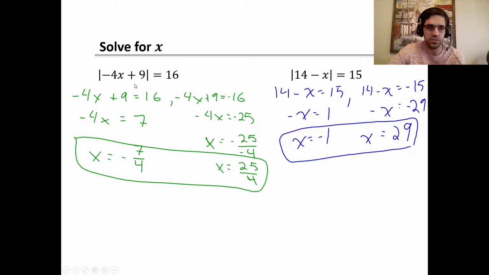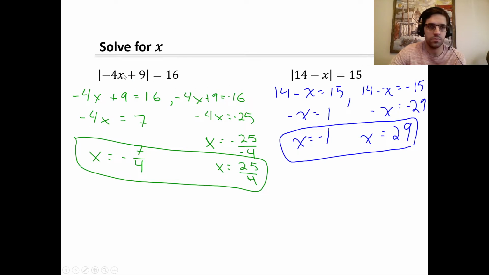So that's that. When we're solving an equation that has an absolute value function, we're saying the absolute value of an expression is equal to a number. In this case, the absolute value of the expression negative 4x plus 9 has a distance of 16. On the number line, a distance of 16 could be to positive 16, or it could be to negative 16.